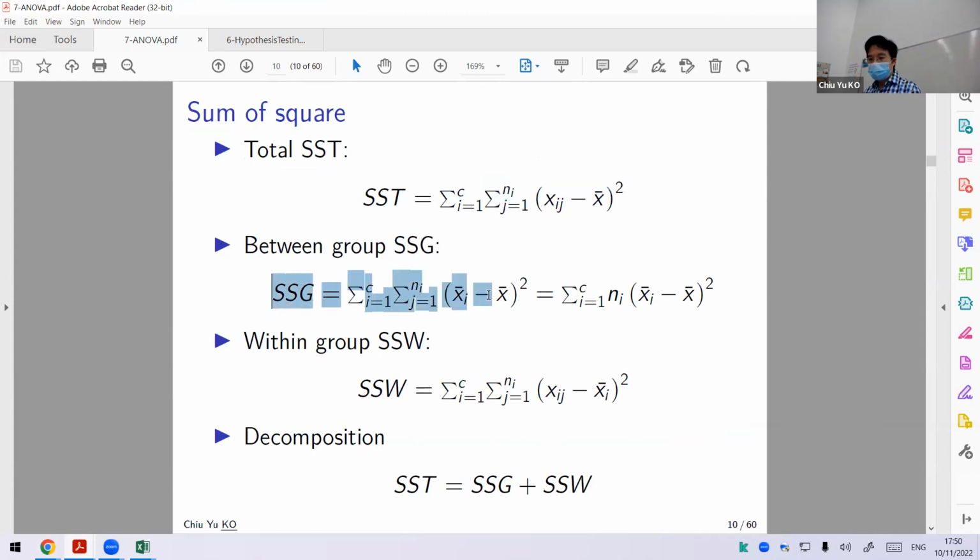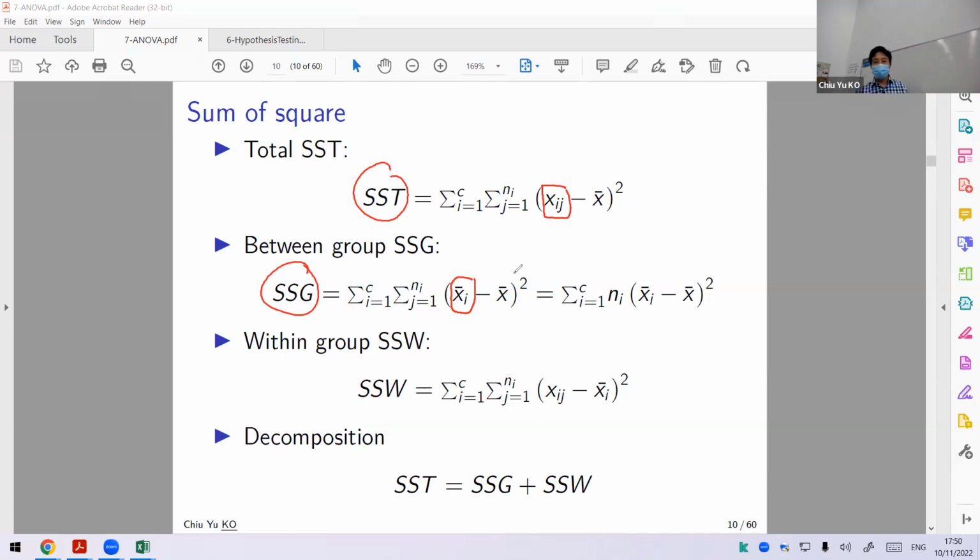And the second one is what we call the SSG. This is comparing, and you can see the difference between SST and SSG is you simply replace each observation with the group mean.